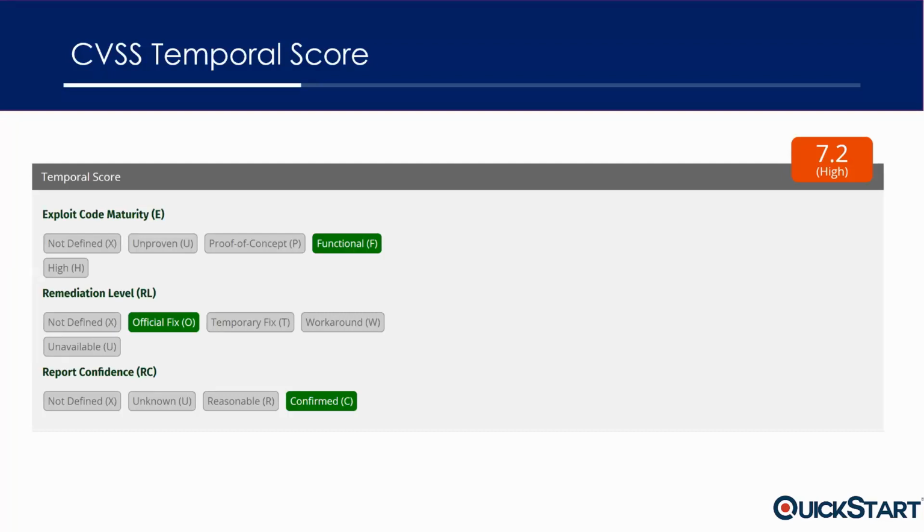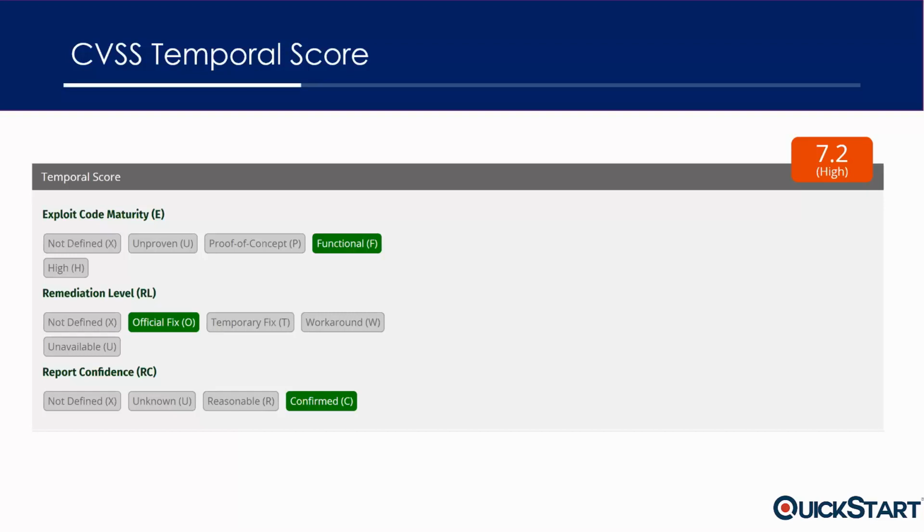So what is the exploit code maturity? You see I have options here: unproven, proof of concept, functional, and high. All those mean is, for instance, unproven: this vulnerability exists. We know it exists. However, we have not been able to recreate it in laboratory settings.